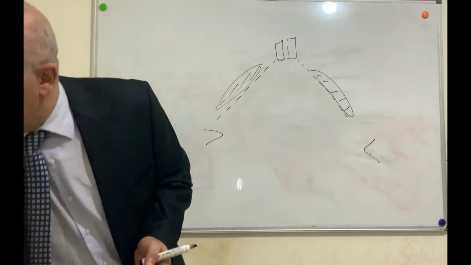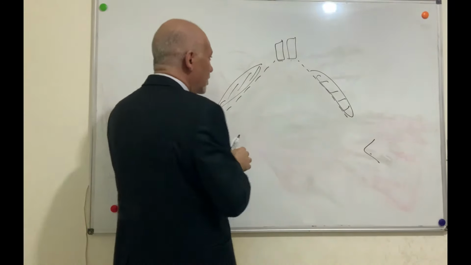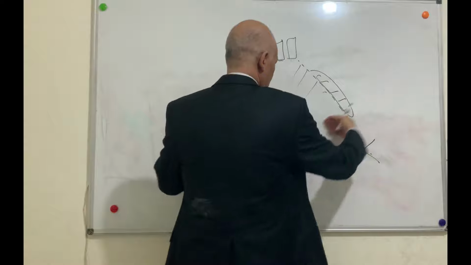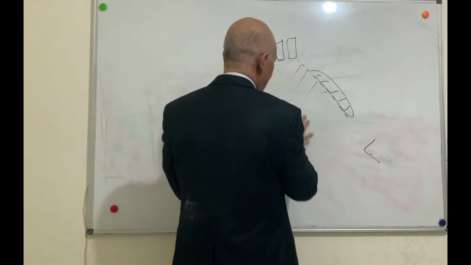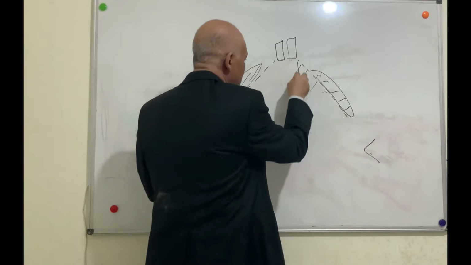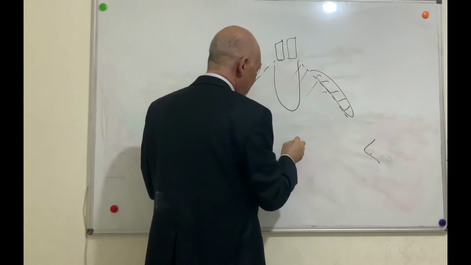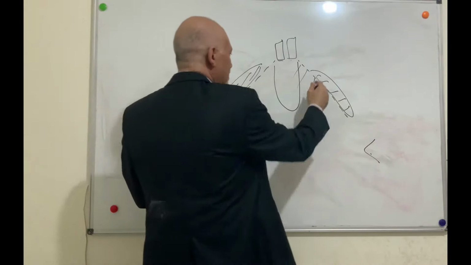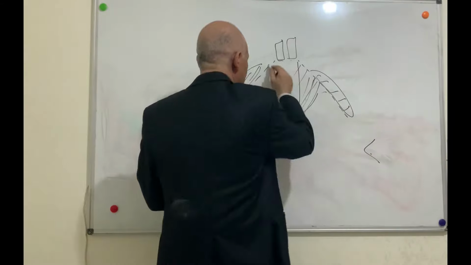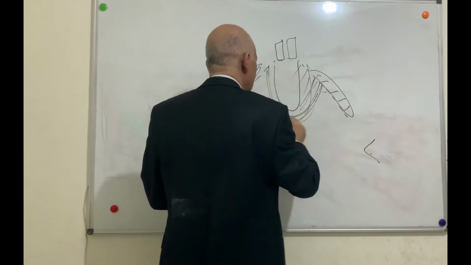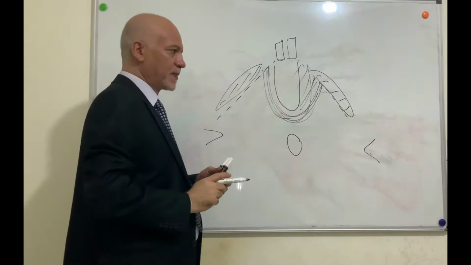The levator ani fibers come medially and meet in the center. Remember, there is an opening here and an opening here. The anterior fibers of the muscle surround this gap.